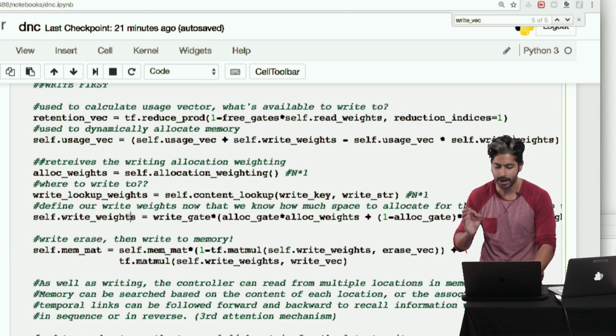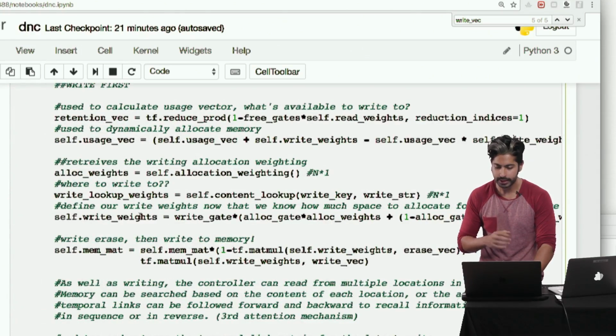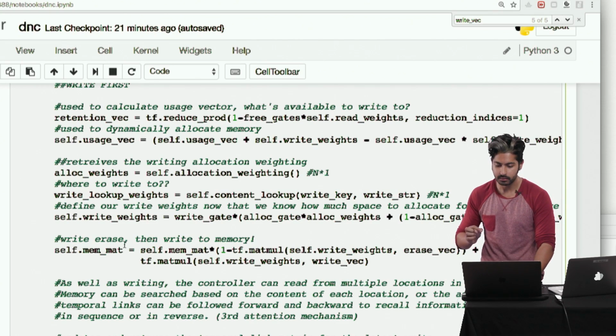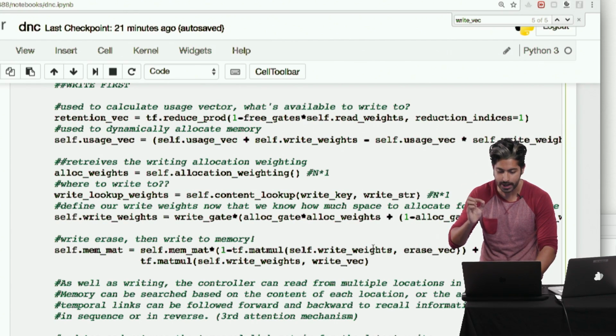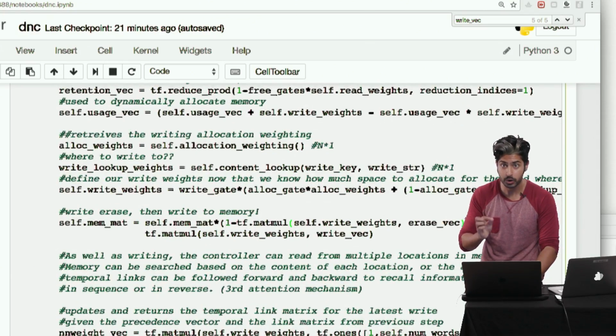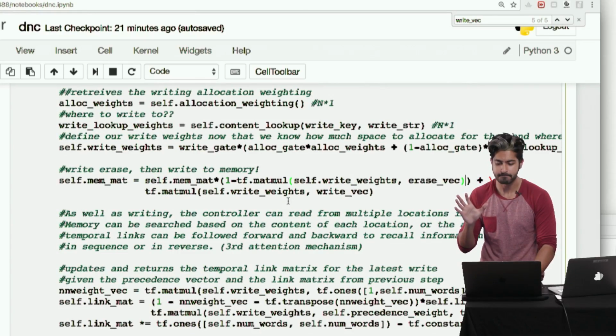That's going to give us our write weights: how much space to dedicate to writing and where to write to. And then we can update our write to our memory matrix using that. First we erase using this erase vector, then we write. Both of these operations occur through matrix multiplication. First we erase, then we write. And that's it for writing.